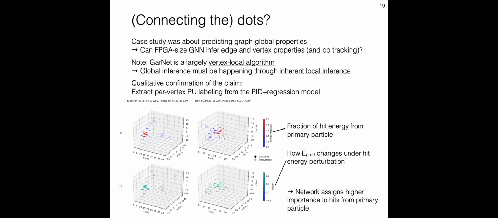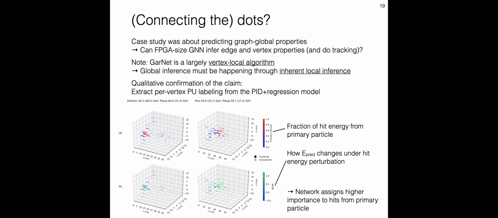Basically, if pileup rejection is perfect, you would have zero effect on the global energy from a perturbation of the pileup energy, and a one-to-one change in the global energy when you change the primary energy.